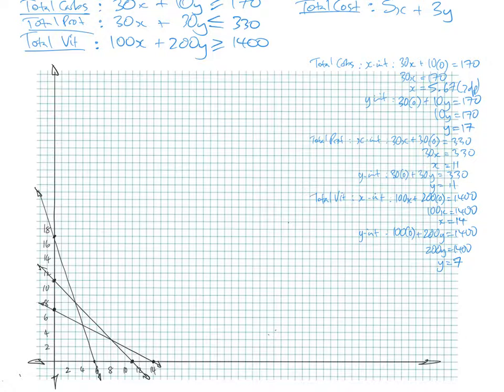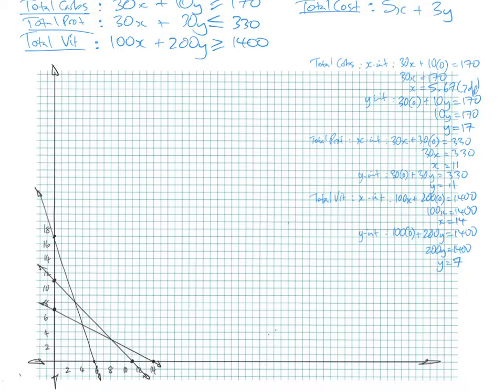Well, vitamins was greater than or equal to 1400, so we're talking about above this line. Protein was less than or equal to 330, so it's under this line. So under this line, over this one.